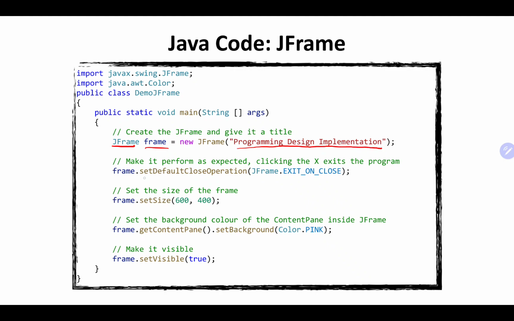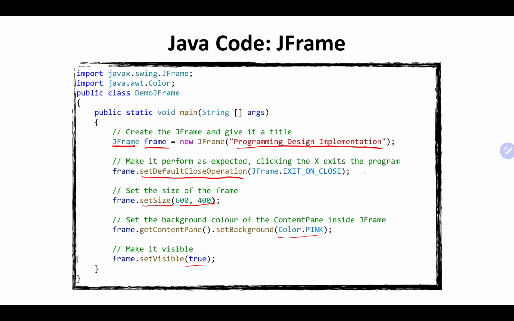And then we can set default close operation here. Make it so that when you click the X, it will exit the program. And also we can set the size of the frame using set size here. And then we can set the background color, which is pink, and also we can make it visible.